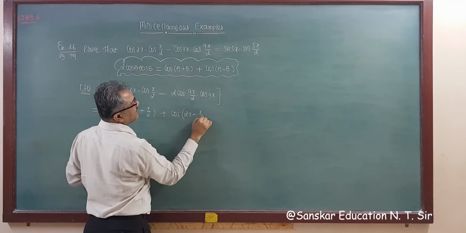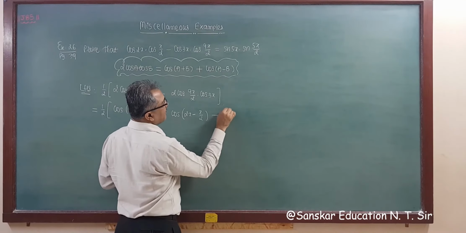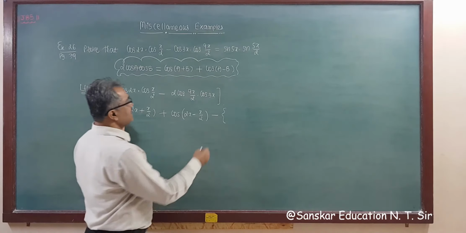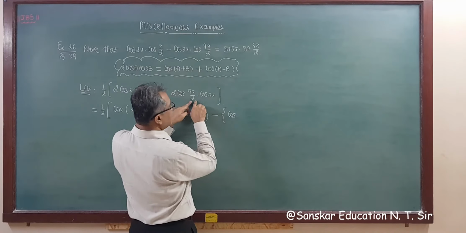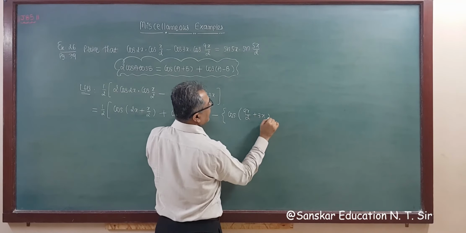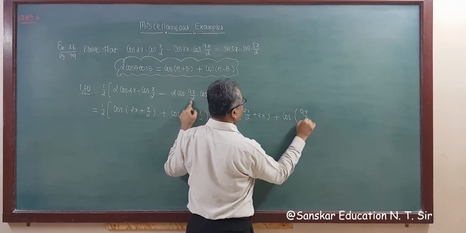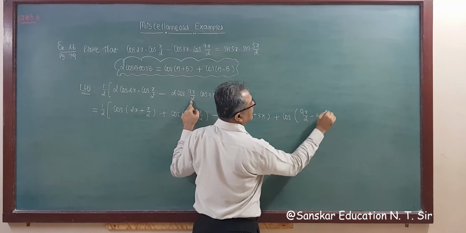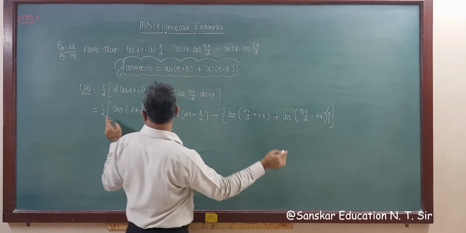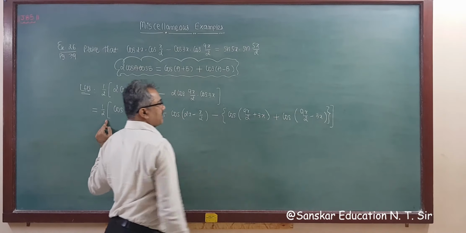Now minus 2 cos A cos B, again the same formula, cos this plus this, so 9x by 2 plus 3x, plus cos 9x by 2 minus 3x. This bracket is over and this big bracket is over. Write proper brackets.